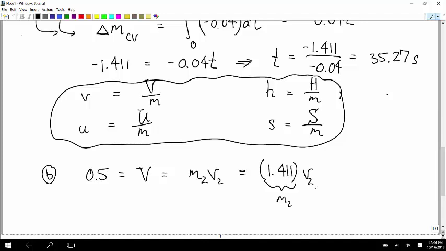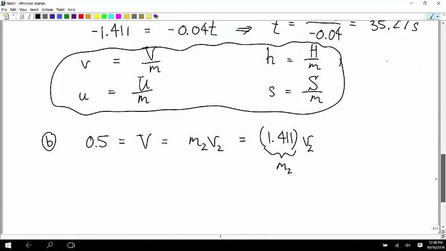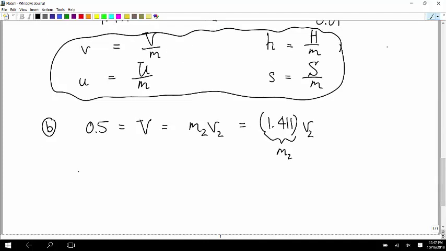Times our specific volume. And we can use that equation to find V2. So V2 is equal to 0.5 divided by 1.411. So what do you get for that? 0.3544. Okay. And that is in meters cubed per kilogram.